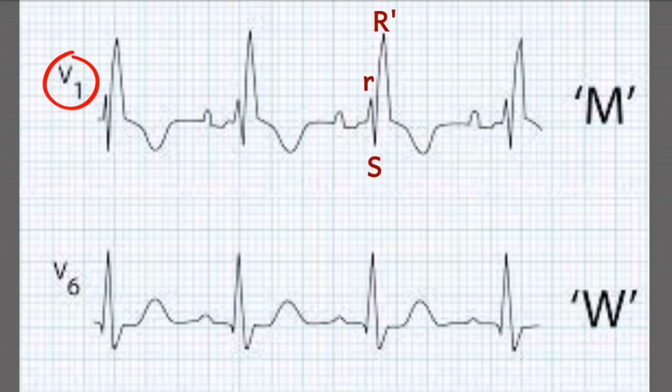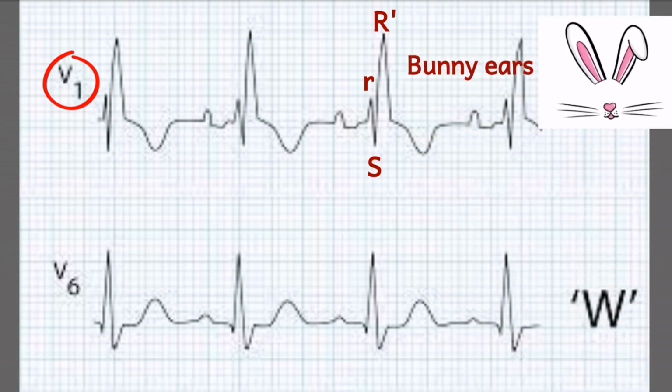And so here you see that the morphology shows an M pattern, often described as the ears of a bunny or a rabbit. The R wave, the S wave, and the R prime form an M pattern, or it looks like the ears of a rabbit. So the morphology here is an R, S, R prime.